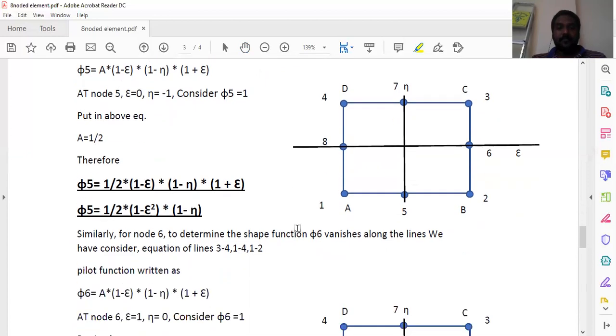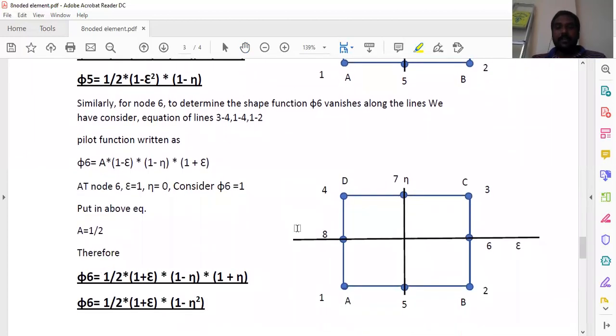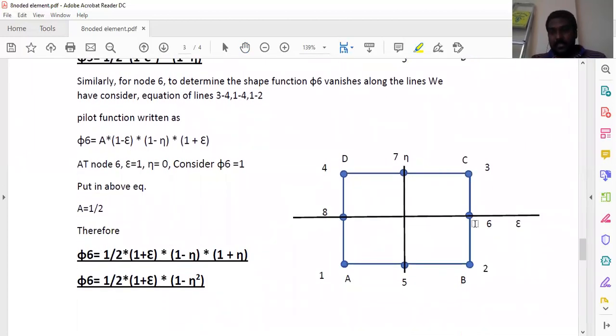Similarly, when you are calculating the shape function for node number 6, consider the lines 3-4, 4-1, 5-1-2, so that all the nodes will be covered. This side CD equation we have, AD equation we have, AB equation we have. These three equations we have written with a constant. We write the shape function at node number 6.